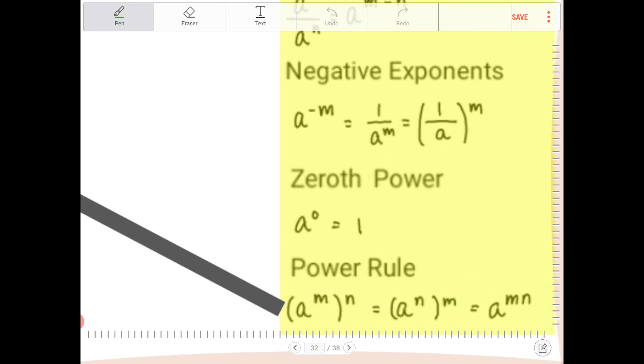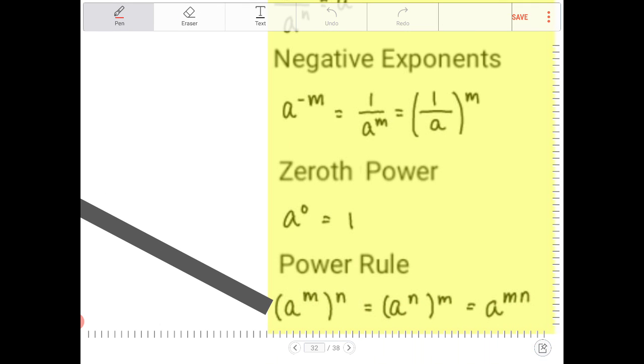Notice right now I have a to the m and then to the nth power. That can be re-expressed as a to the nth raised to the m power. You have no idea how convenient this is when it comes to manipulating expressions and proving other things, as you will see in future videos.